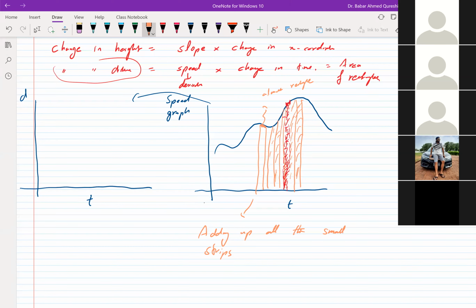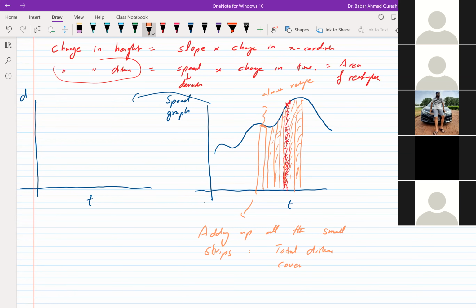Gives me the total distance covered. Right? Because between any two times, a strip gives me the distance covered between that time. So if I add all the strips, I get the total distance covered. And I can start from here and add strips up to this point.